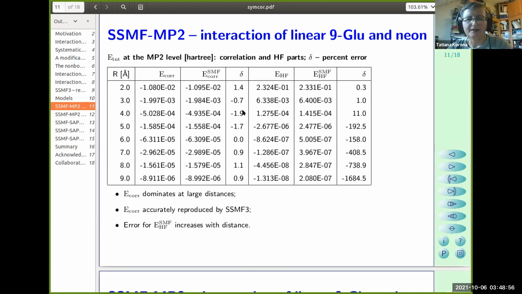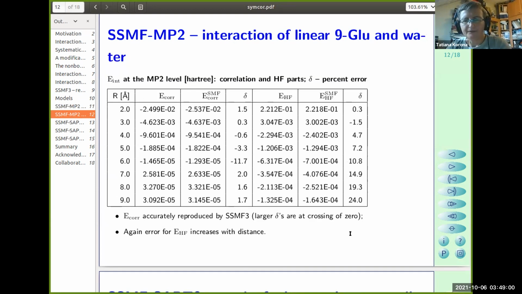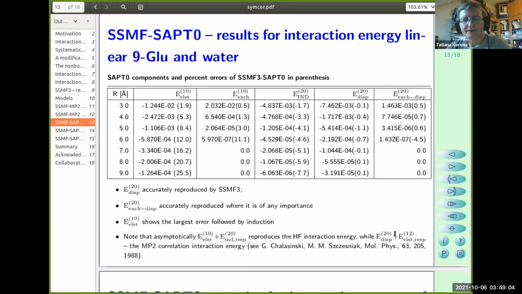As I showed you here, in order to analyze the MP2 interaction energy in terms of SAPT, we have to use not only dispersion 2-0, but also electrostatic response 1-2.